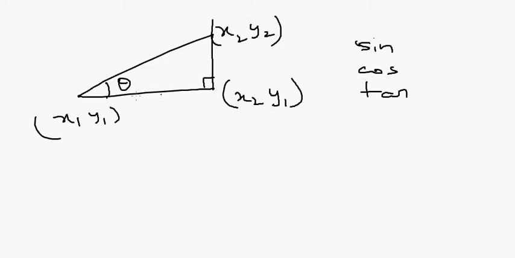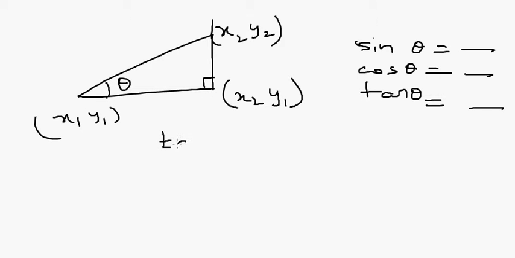If I know the lengths of the sides of the triangle, I can know the angles as well, because trigonometric ratios link the angles to the lengths. I know this because I know the coordinates.